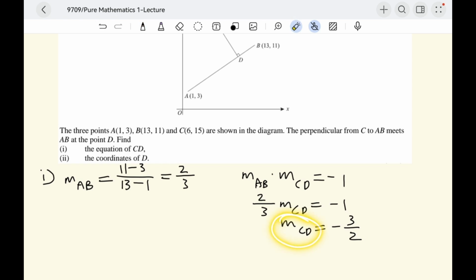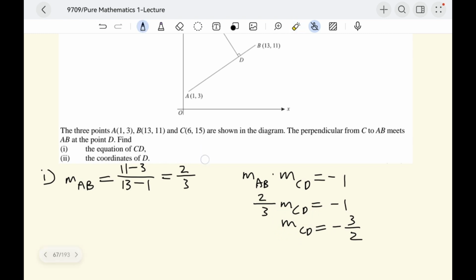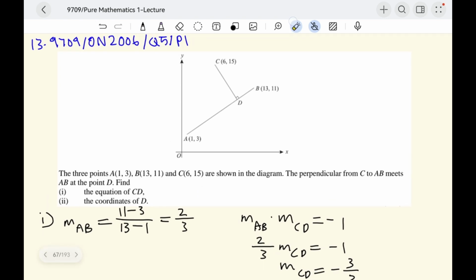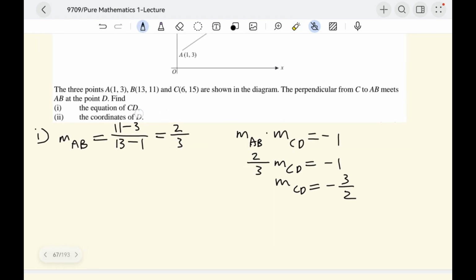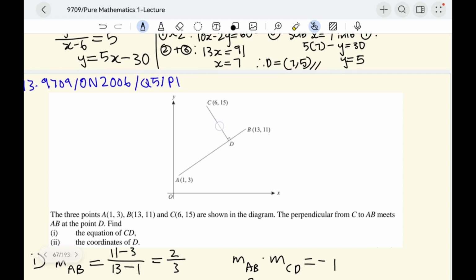Alright, next you must find the gradient of CD but in terms of y and x, because the equation of CD, a straight line equation, only involves y and x variables. So let's assume a point which intersects with the line CD is (x, y).